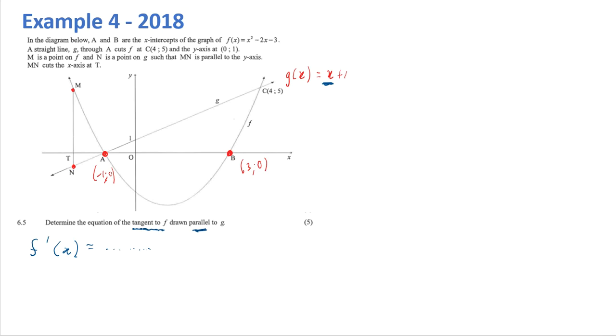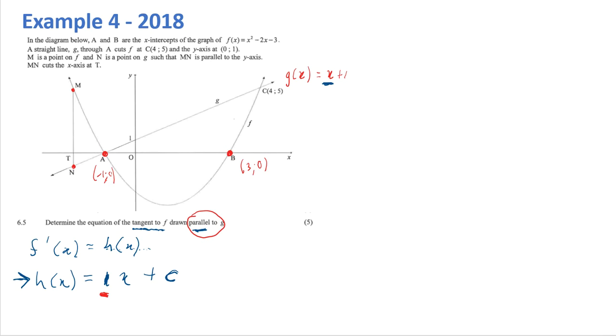You're going to have f prime, and I'm going to call this function h. This function h is going to have a slope of 1, and it's going to be in the form of a straight line. Okay, so I already have the slope that they give me because it's parallel.